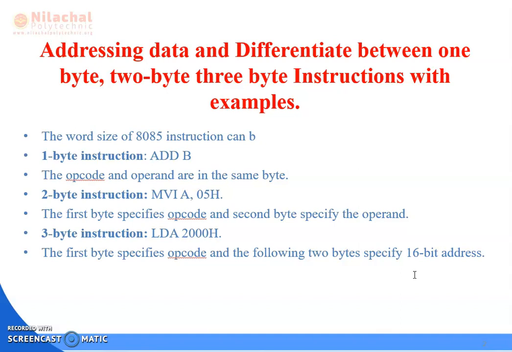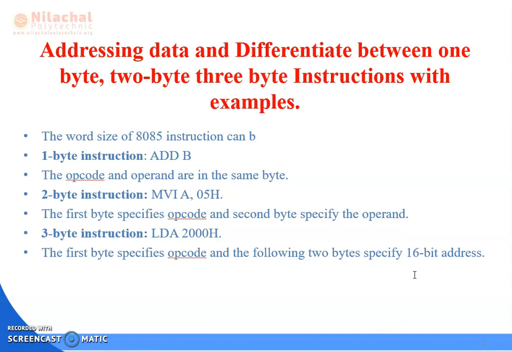So, the word size of an 8085 instruction can be 1 byte instruction, for example, MOV B, C. The code and operand are in the same byte. Then 2 byte instruction is MVI A,05H.